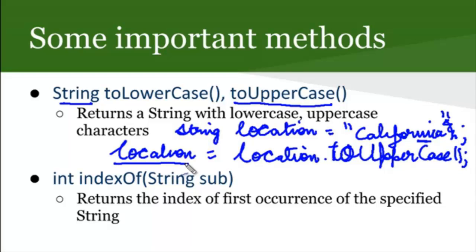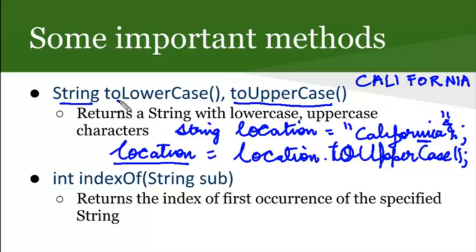It will return me a string which will be equal to making each and every character in this string to its uppercase character. So it will return me a string like this, and that will be stored to location, as in that will be the object which location will be pointing to.